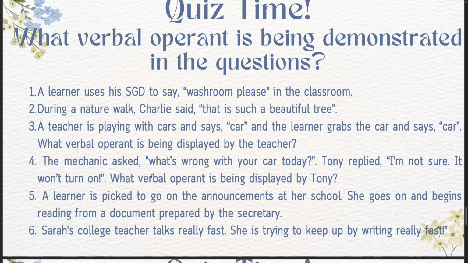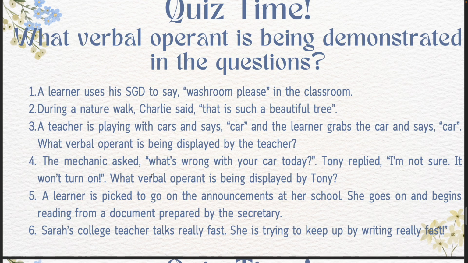So what verbal operant is being asked here? And I hope you guys said a mand, and if you didn't, that's okay. We can dissect these questions further, and like I keep saying, you can leave comments down below and I can definitely help you and let you understand why it's a mand and not another verbal operant.